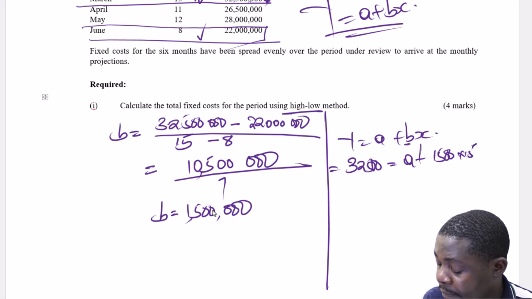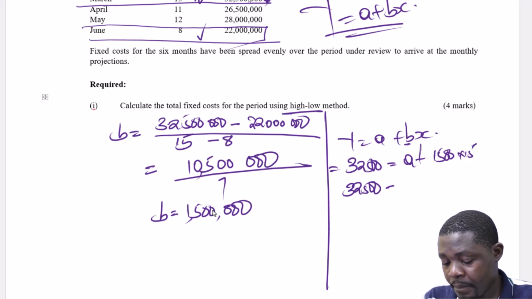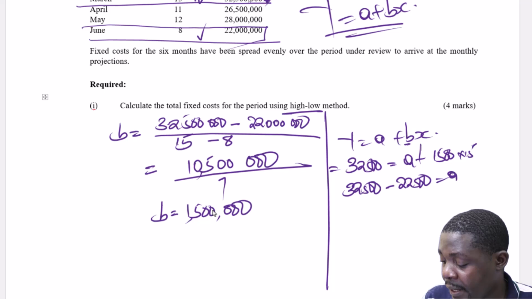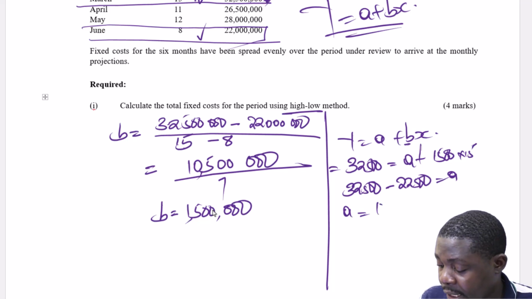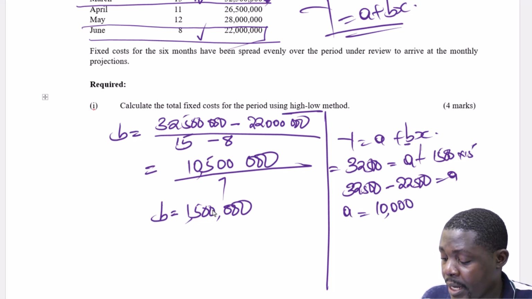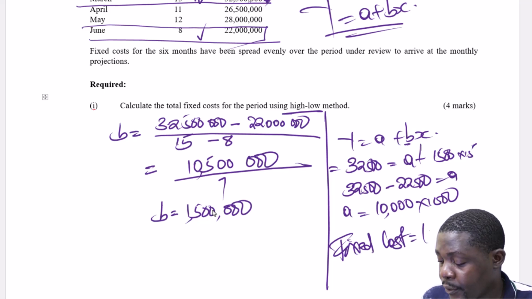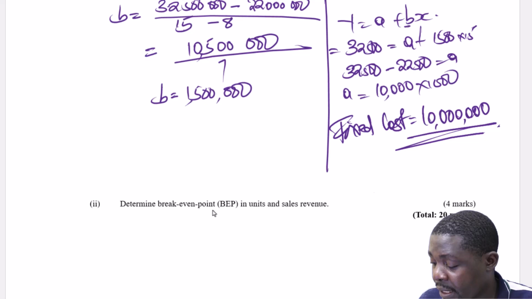Multiply by 15 is 32,500 minus 22,500 gives us A, which is the fixed cost, is equal to 32,500 minus the answer, you get 10. Now our fixed cost, we multiply by 1,000. Our fixed cost is equal to 10 what? 10 million. Calculate the fixed cost, in that case we have 10 million.